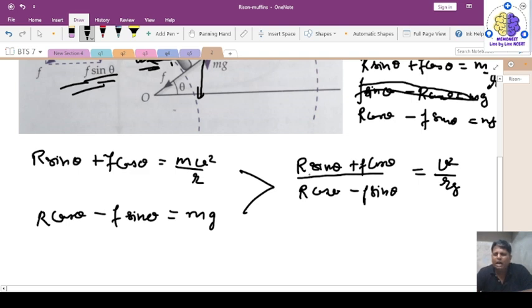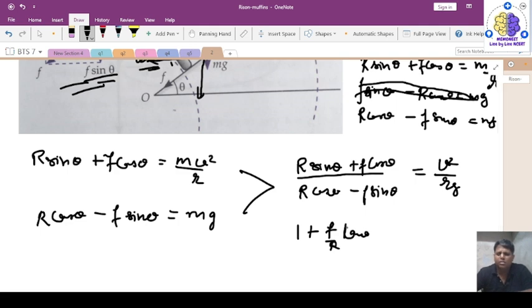Now dividing with R cos theta in the numerator and denominator, R cancels out.